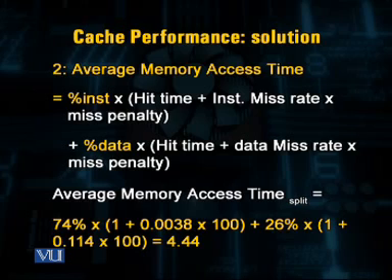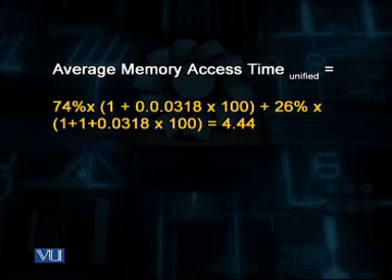That is, the split caches have slightly better average access time and they also avoid the structural hazards. Therefore, usually the split caches are preferred over the unified caches.